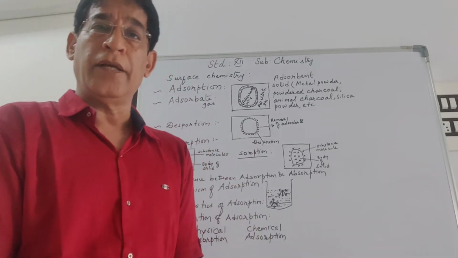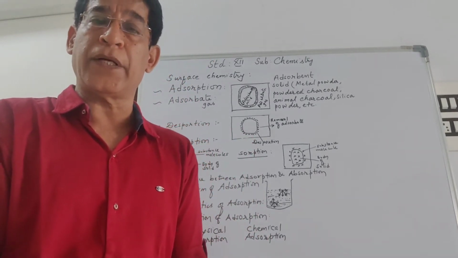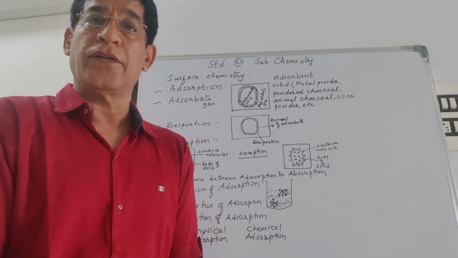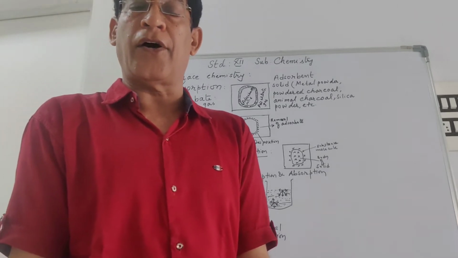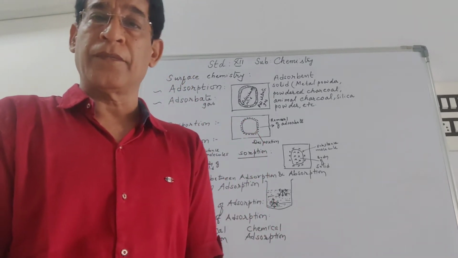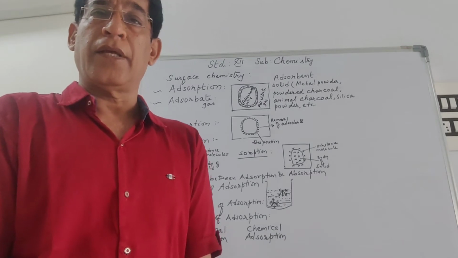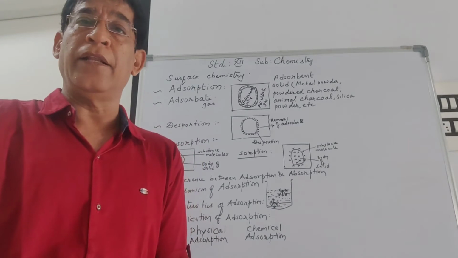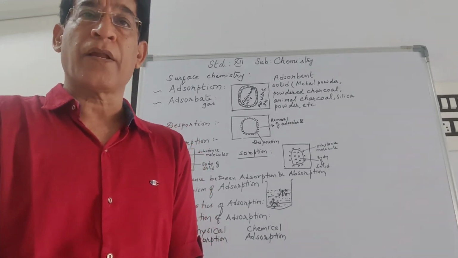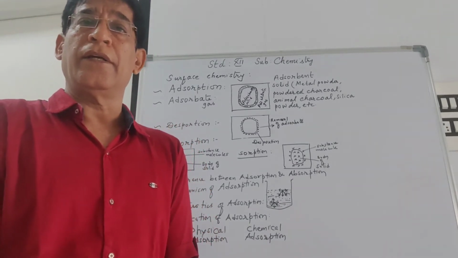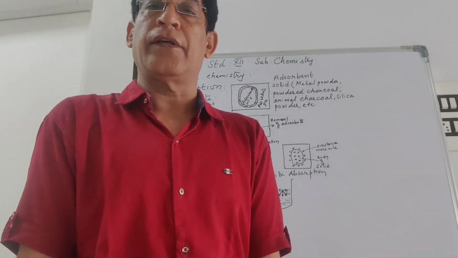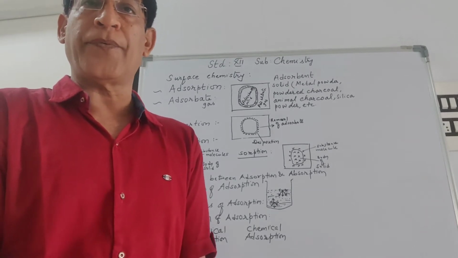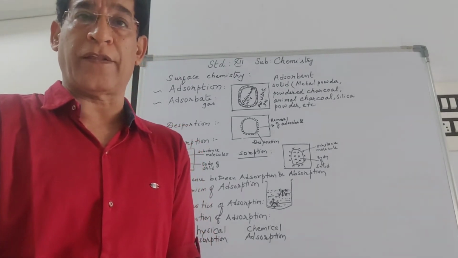The phenomenon in which adsorption and absorption occur simultaneously is called sorption. Dyes are absorbed as well as adsorbed in cotton fiber. Adsorption is instantaneous, meaning a fast process, while absorption is a slow process.